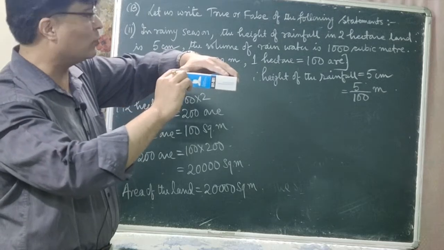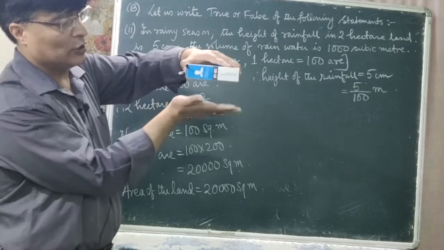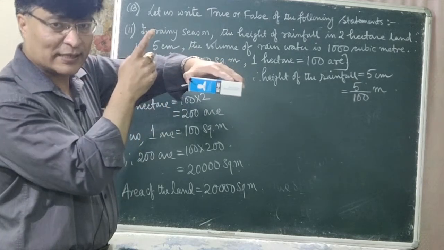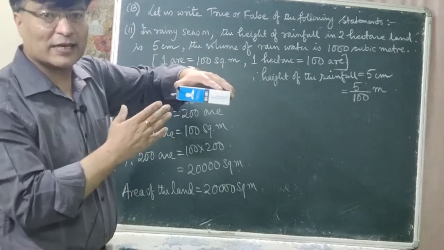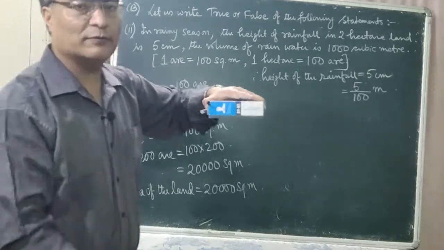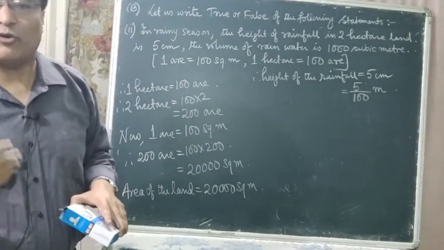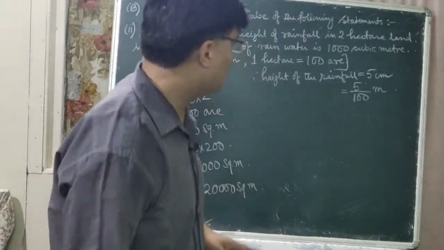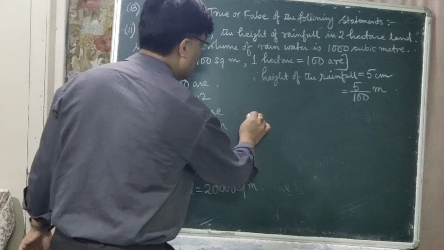That is 5 centimeter, which is equal to 5 by 100 meter. यो चाहिँ हाइट भयो. यो चाहिँ एरिया अफ द ल्यान्ड. एरिया अफ द ल्यान्डलाई यो हाइटले मल्टिप्लाई गरेर के निस्किन्छ? भोल्युम अफ रेन वाटर. It is just like finding out the volume of the rectangular parallelopiped or cuboid. Is that clear? So let us find out the volume of rainwater.